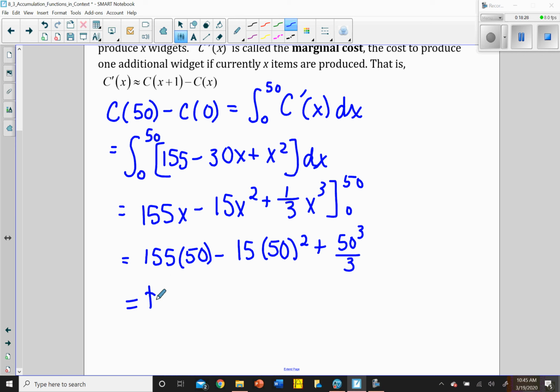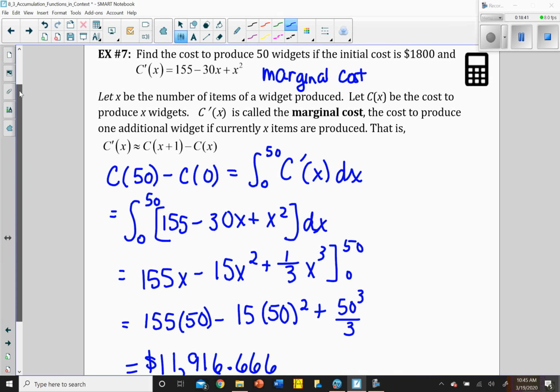So jump to the calculator. I had 6.66 repeating. And then back to the problem initially so we can get our brain wrapped around this.